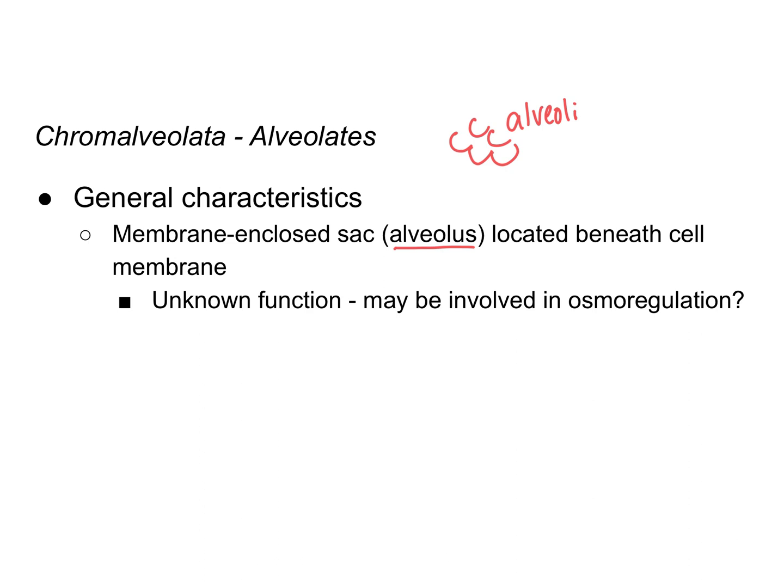So that term in science means like a little sac. And this alveolus located beneath the cell membrane, we don't really know what the function is, but it might be involved in osmoregulation. And osmoregulation just has to do with the balance of solutes and water within an organism.